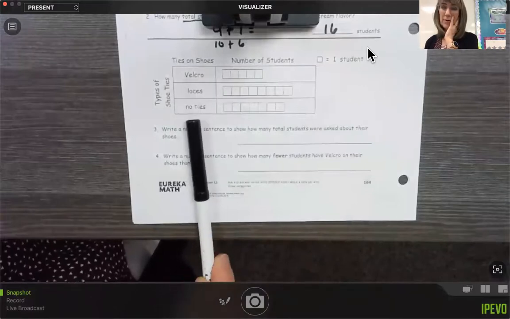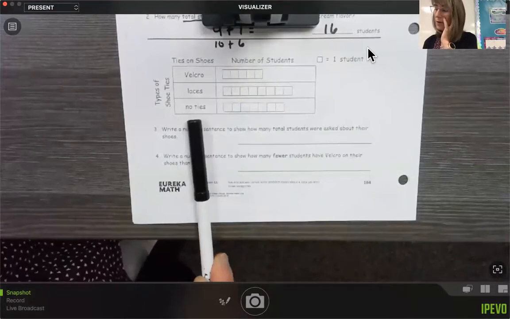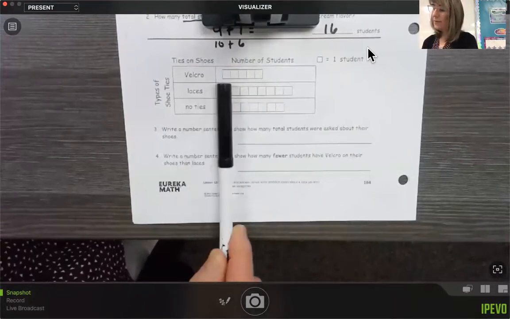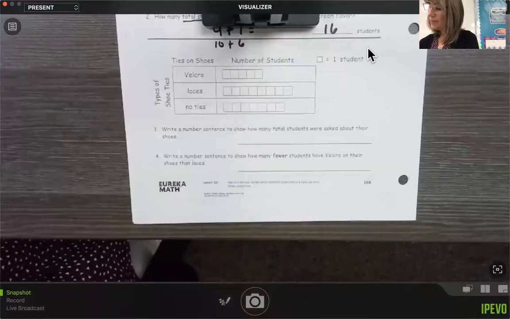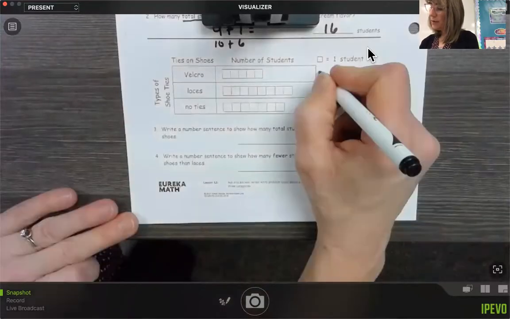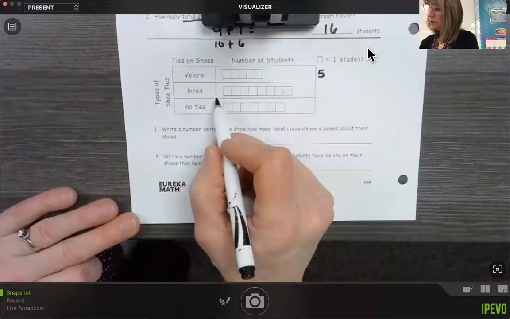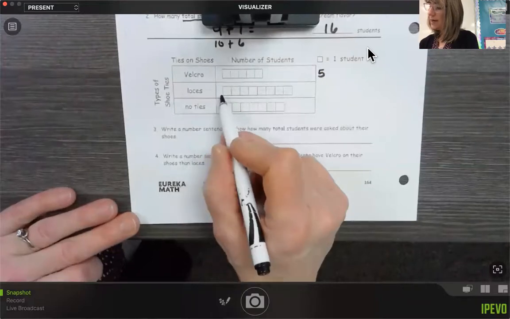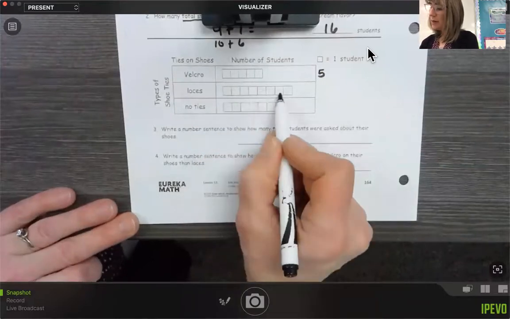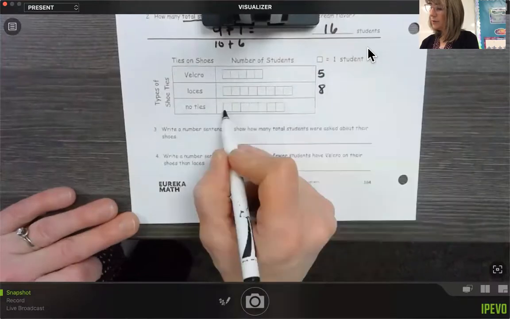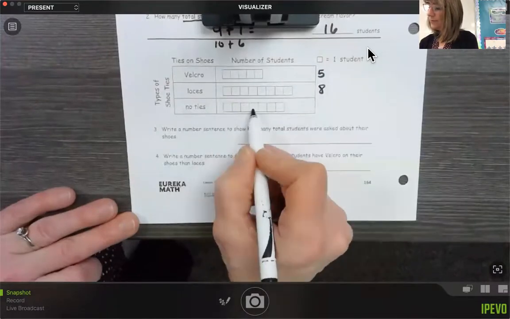Velcro, we have 1, 2, 3, 4, 5. So let's put a 5 right over here. Laces, I can see that it's 1, 2, 3, 4, 5, 6, 7, 8. And no tie, I'm going to count these ones up. 1, 2, 3, 4, 5, 6, 7.